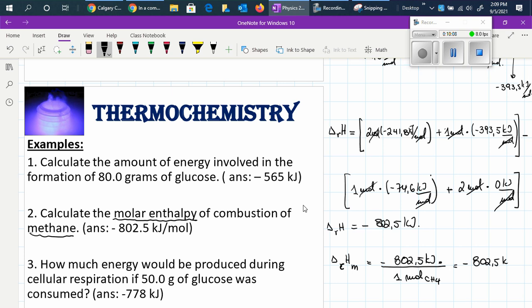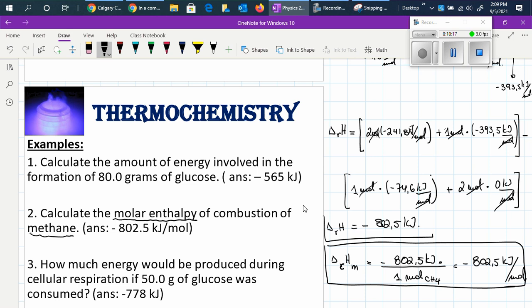The total enthalpy of the reaction for the combustion of methane will be this one here.